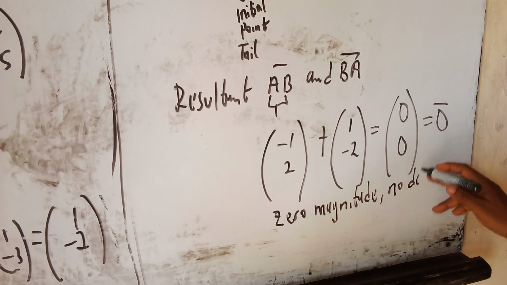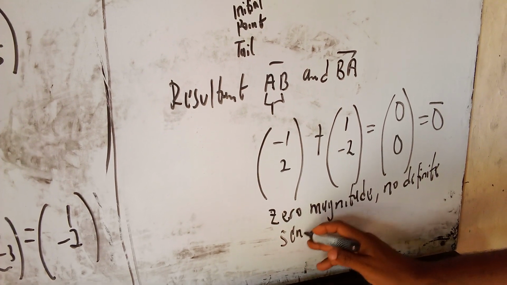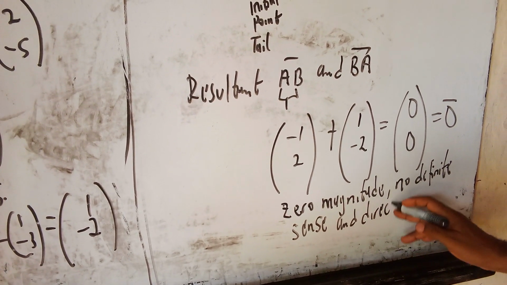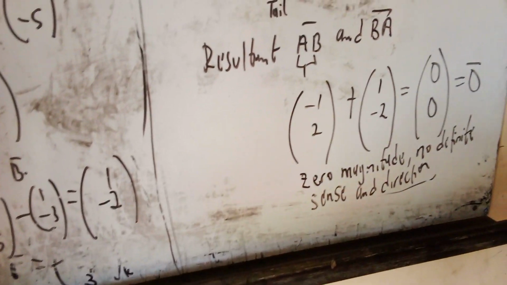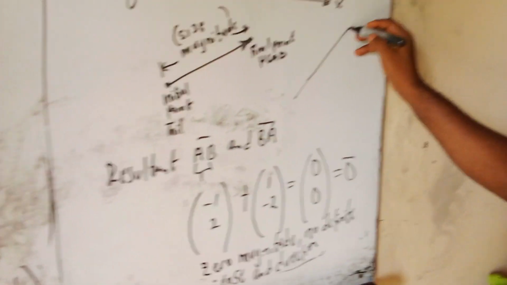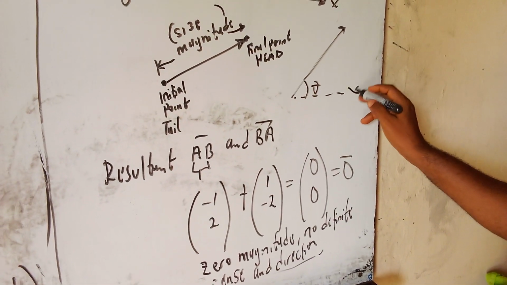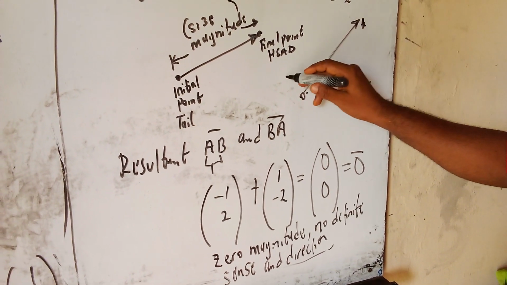No definite sense and direction. This brings to my mind, what is magnitude, sense, and direction of a vector? Look at this vector that I have here, vector R. If the vector makes an angle theta with the horizontal x-axis, the magnitude of this vector, OA, is the size of this line.